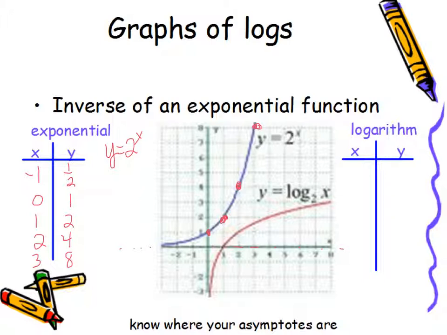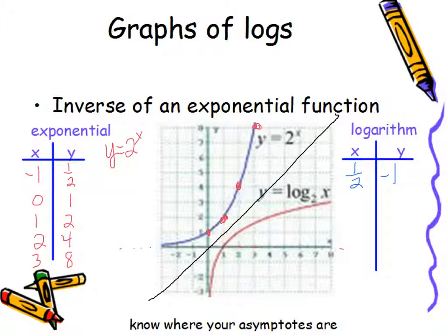Today we're going to graph the logarithm. Now because logarithms are inverses of exponentials, you'll notice that these two graphs reflect nicely over the y equals x line. And you'll also recall that for inverses, the ordered pairs swap. So this negative 1, 1/2 that I have here is going to turn into a 1/2, negative 1.